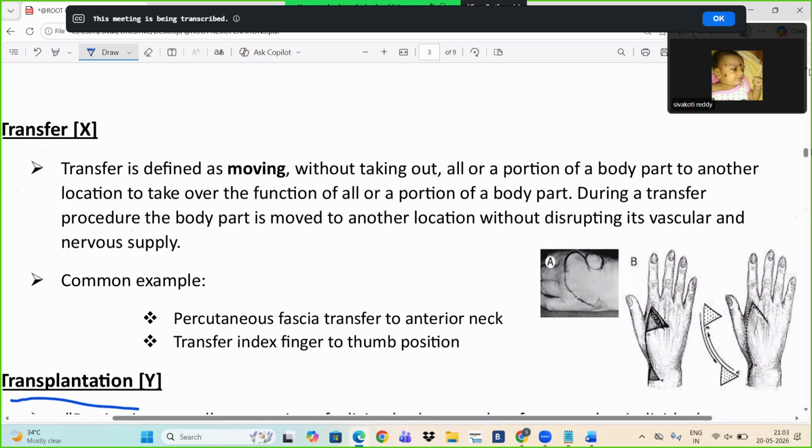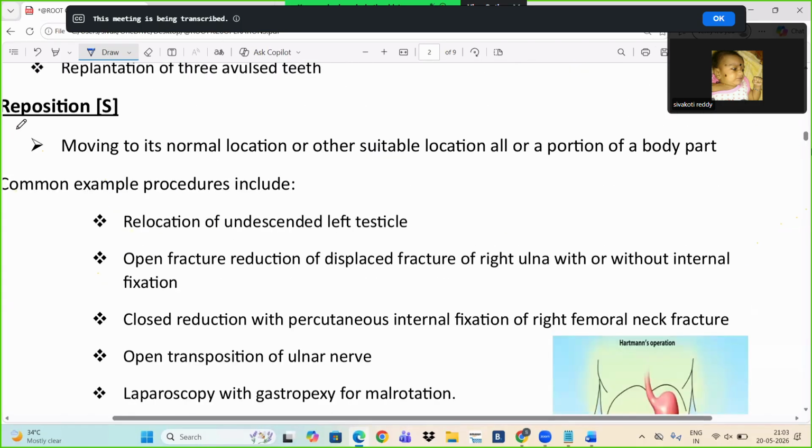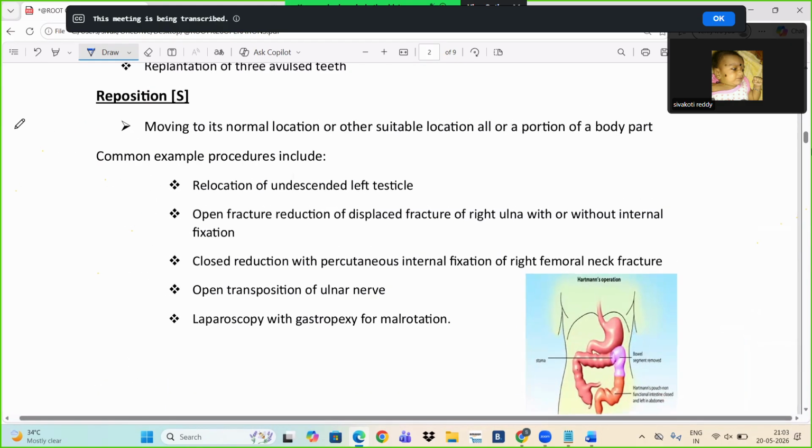Next root operation method, reposition. So what they are saying, re means again.